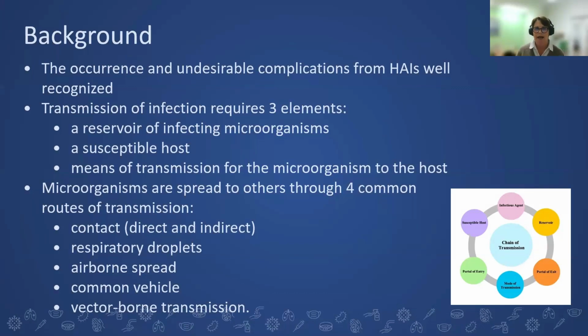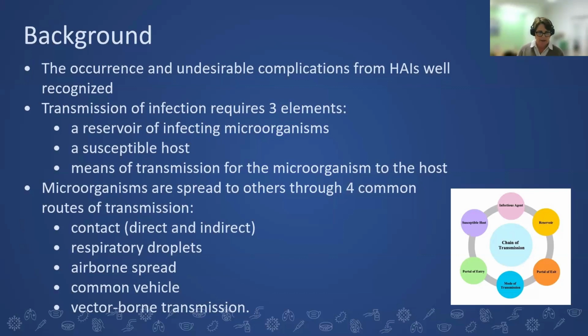So having an understanding of how infection occurs after exposure, based on the principles of the chain of transmission, which we've talked about in both of the past webinars, is important to assist us in evaluating the contribution of the environment to healthcare-associated infection. All of the components of the chain must be operational for infection or colonisation or carriage to occur.